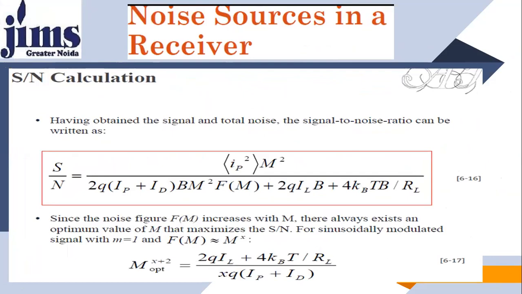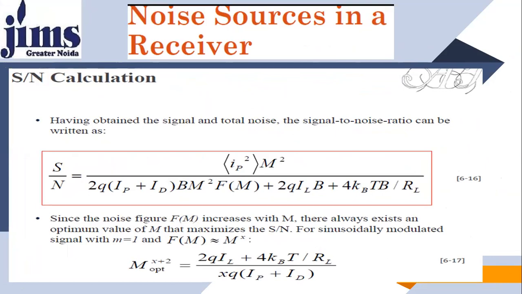Now, when you have a signal power and you have a noise power, what you have to do? Take the ratio, so you get the S by N ratio. Having obtained the signal and total noise, the signal to noise ratio can be written as this. In the denominator is the total, you just add all the noise sources, and in the numerator we have the signal power.